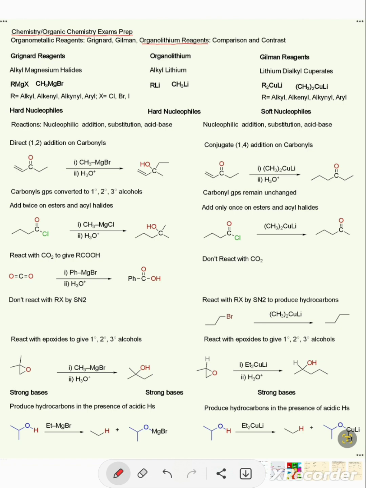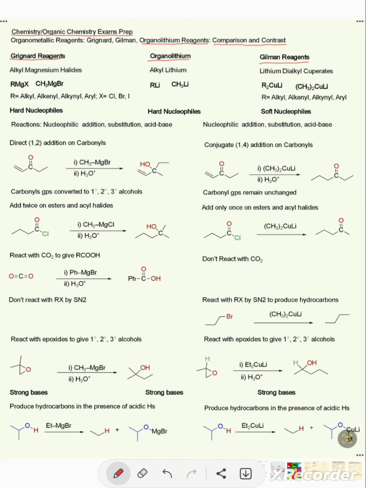However, I would like to present a summary of these so you can quickly review all the organometallic reagents in a few minutes. So today we are going to compare and contrast amongst these organometallic compounds, namely the Grignard reagents, organolithium reagents and Gilman reagents.